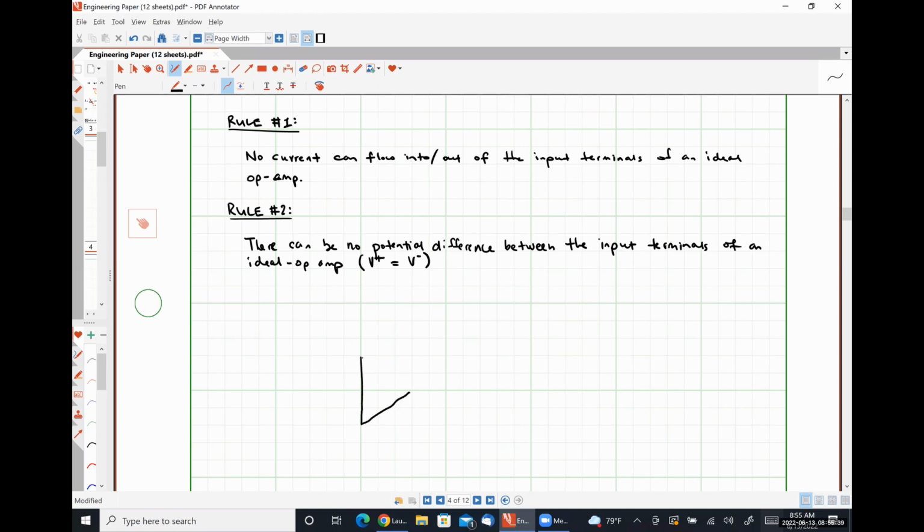We're going to rework the problem that we just dealt with without using the model, but applying these rules, and develop an algorithm or procedure for handling these circuits.